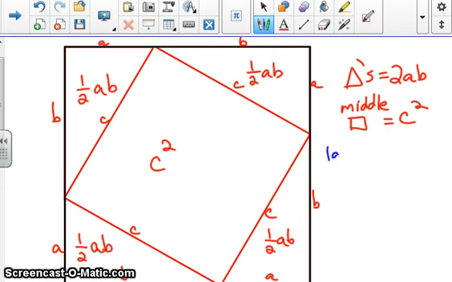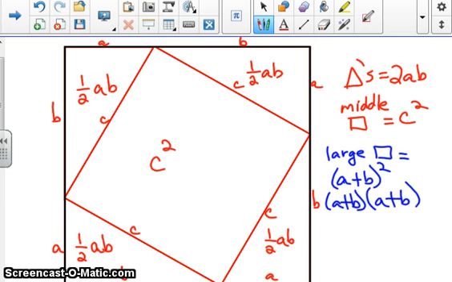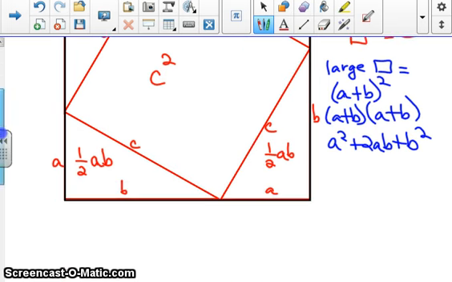So the larger square is A plus B squared, or if you FOIL that out, what you get is A squared plus 2AB plus B squared. Well, if I add all of the insides together, it should give me exactly the same area as the outside. Inside, I had 2AB plus C squared.